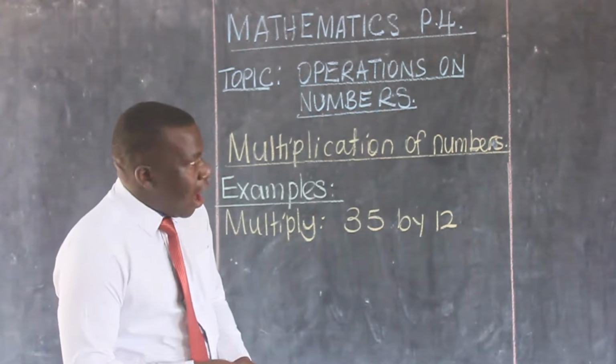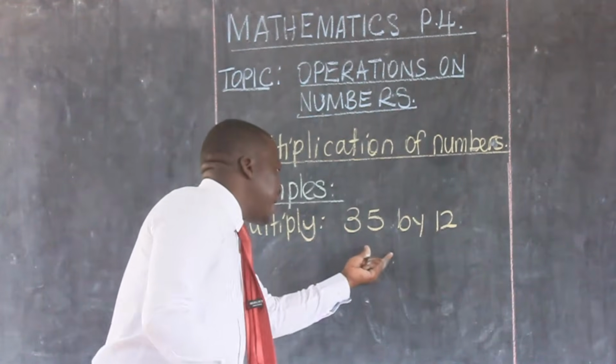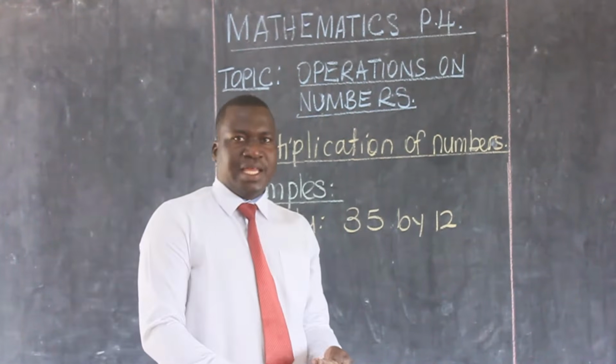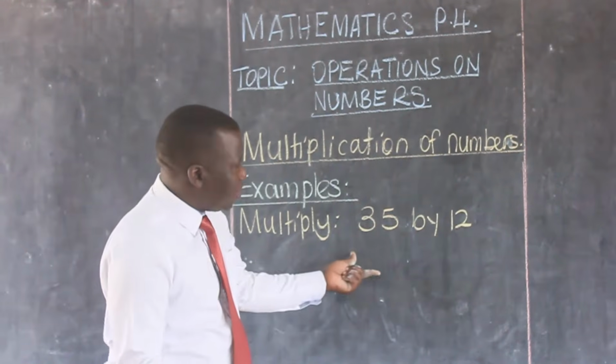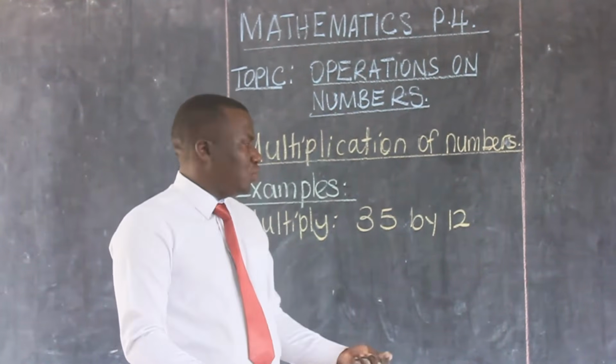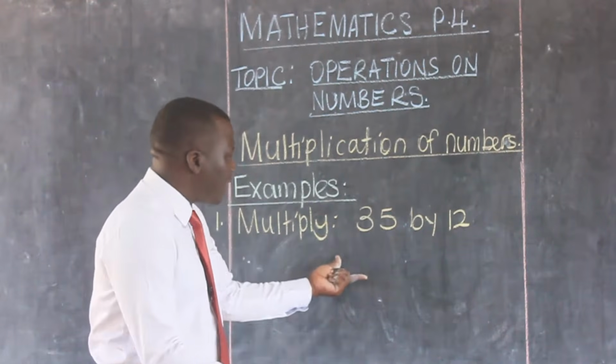I know, our dear children, it is not your first time to multiply numbers. In P3, you also learned how to multiply numbers. We are just going to build on what you know in P4 on how to multiply numbers.